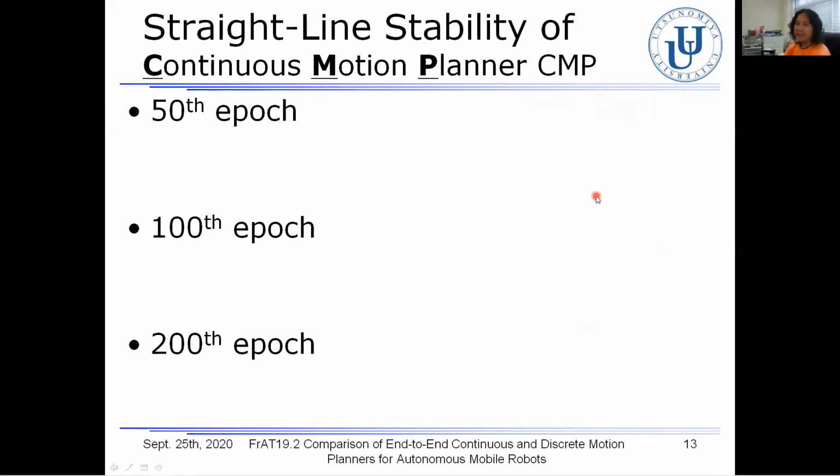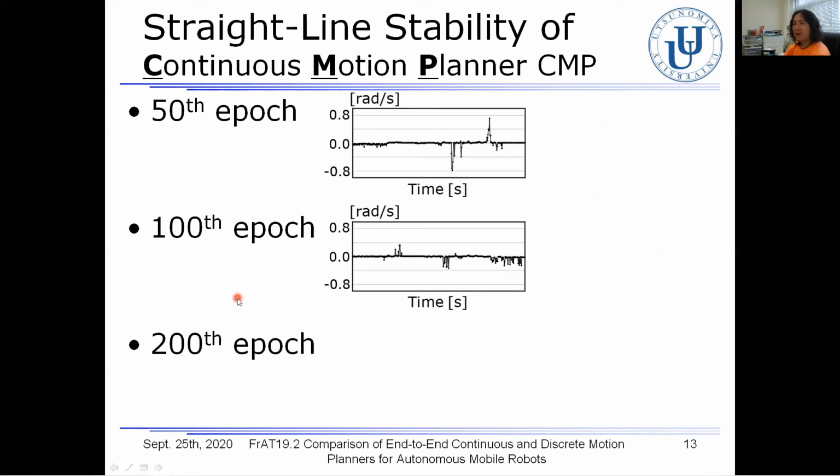In order to improve the straight line stability of the CMP, the network training was further executed. From these figures, even though the deep neural network at the 50th and 100th epoch was used, an angular velocity other than omega = 0 was decided and sent to the robot. The average absolute value was 0.031 and 0.027.